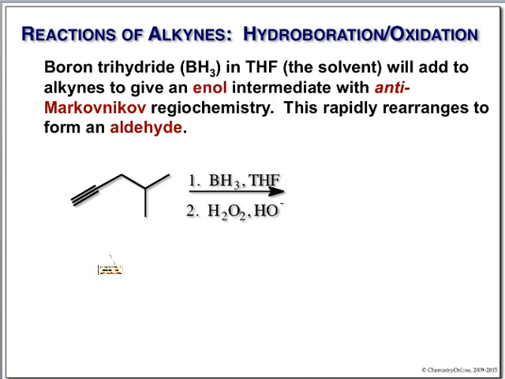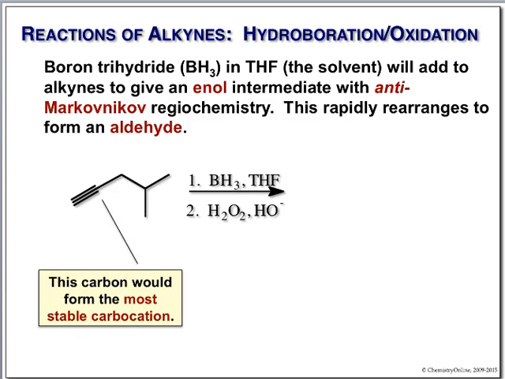We can do exactly the same thing with an alkyne. We're going to form an anti-Markovnikov enol, and the anti-Markovnikov enol is going to then rearrange or tautomerize to form a carbonyl.